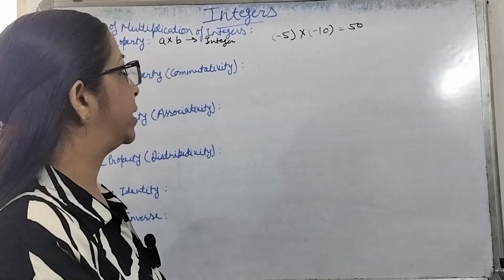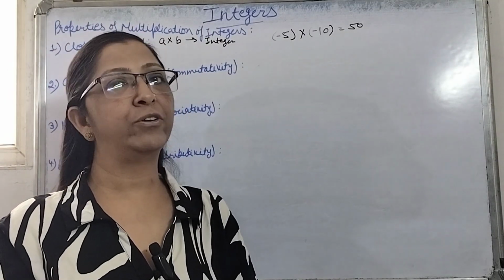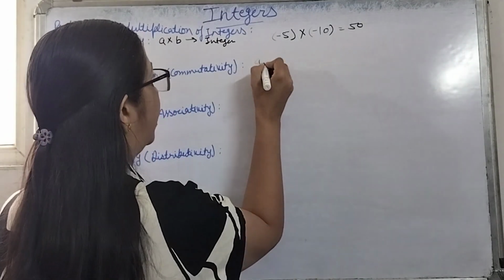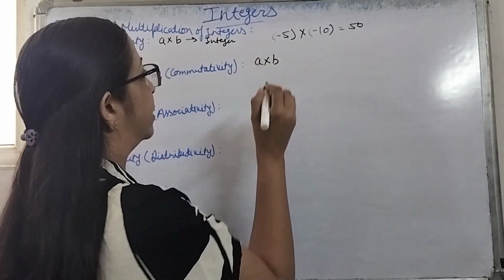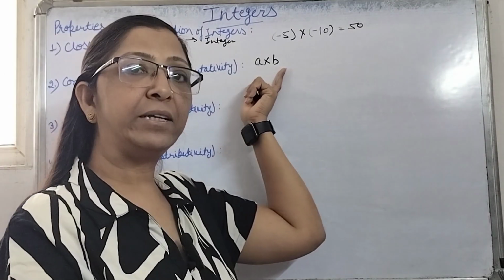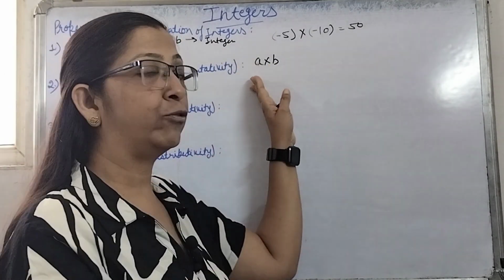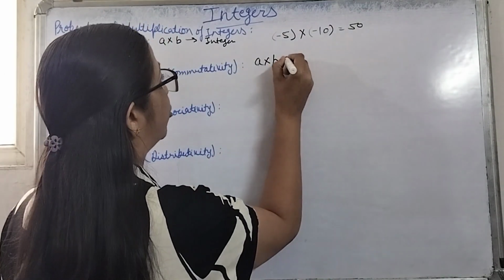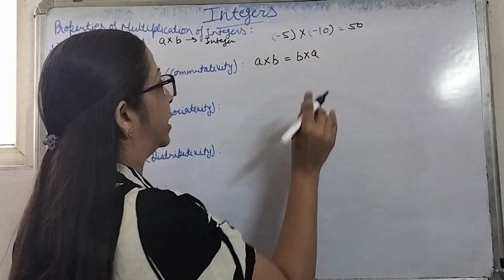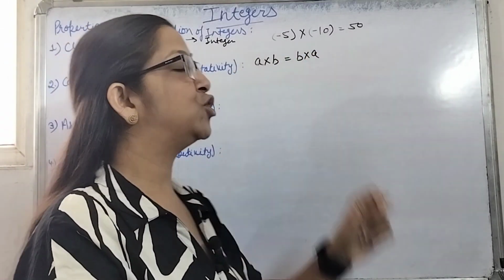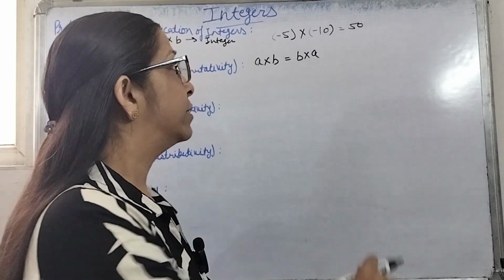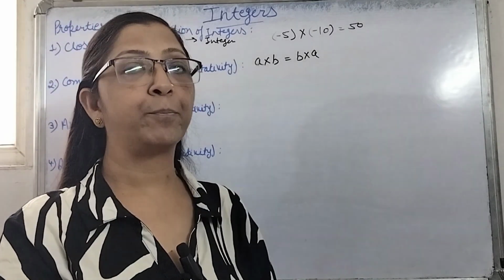Now what does that mean? If there are two integers, one is a and another is b, and we multiply these two, the product will be equivalent to b multiplied by a. That means if we change the order of the integers, the product will remain the same.